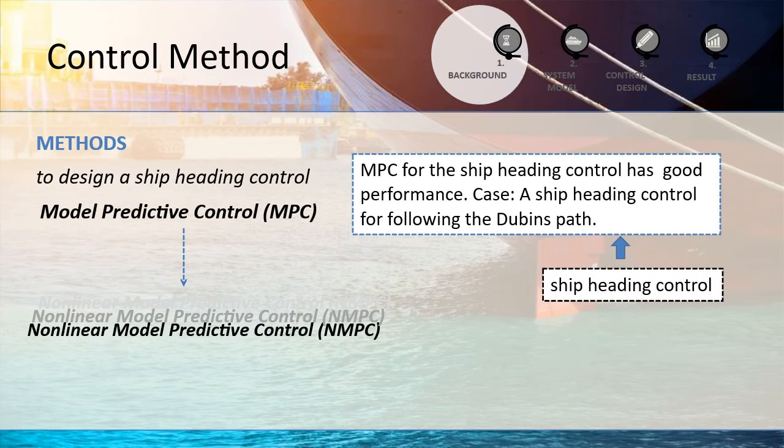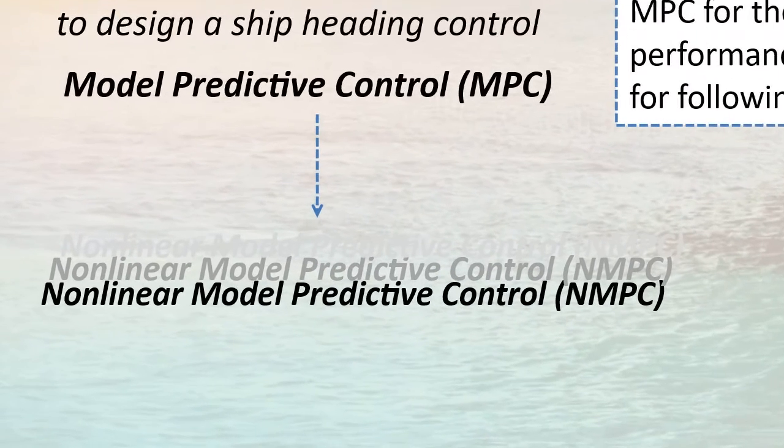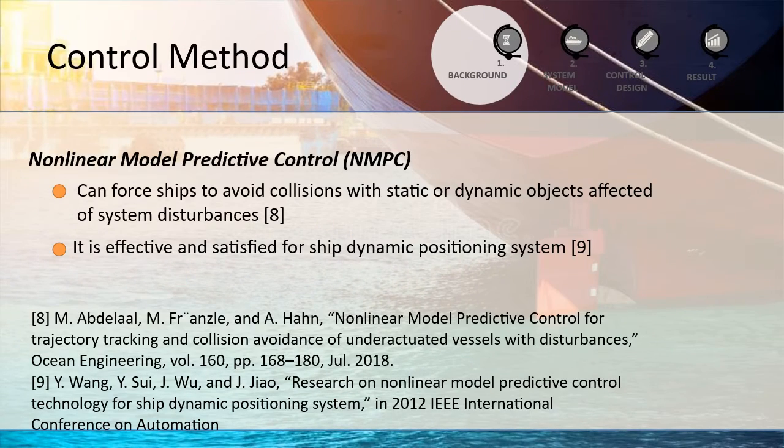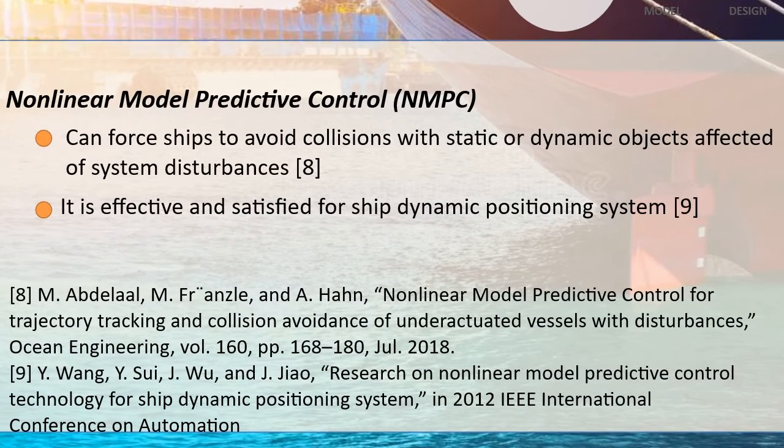The development of MPC for a discrete nonlinear system is Nonlinear Model Predictive Control or NMPC. Ability of NMPC for trajectory tracking and collision avoidance was discussed. NMPC can force ships to avoid collisions with static or dynamic objects affected by system disturbances. Furthermore, NMPC was used for a ship dynamic positioning system, and it is effective and satisfactory.